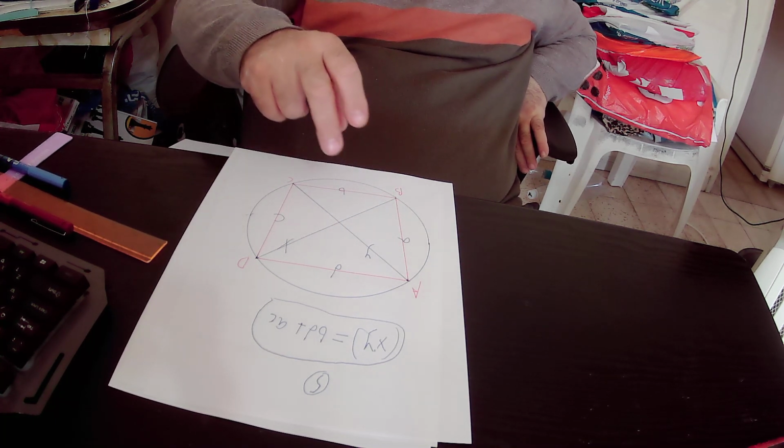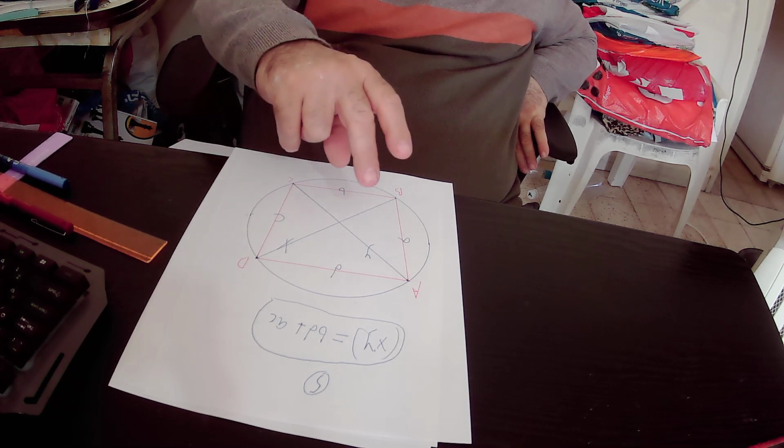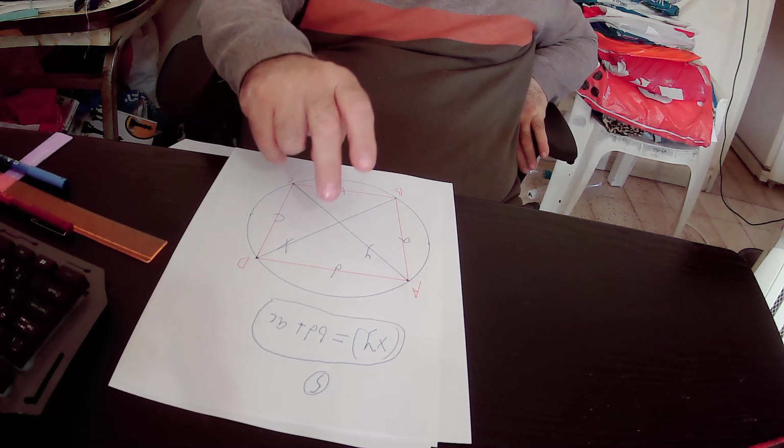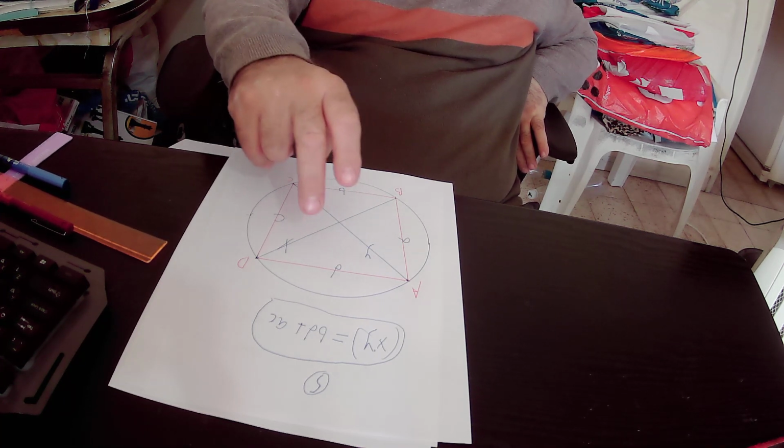The product of its diagonals is x times y, and that equals the sum of the products of its opposite sides, that is BD plus AC.